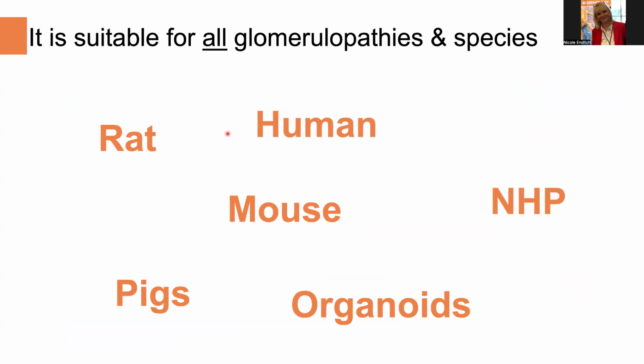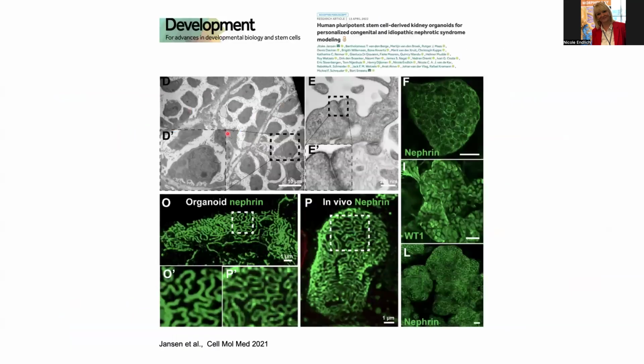And you can see here, we can also use it for rat, human, mouse, non-human primates, pigs, and also for organoids. You can see here an example, an organoid, with foot processes, and you measure it in a similar way as you have done it for the in vivo situation. You see it here on the right-hand side.